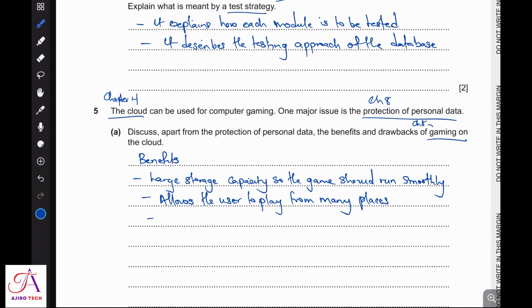And because it's in the cloud, the games are more up to date than the ones you play offline that you have to buy. If there's a new update, what happens? You have to buy another one. When these things are in the cloud, it's easier to make an update with patches, and all you have to do is update.